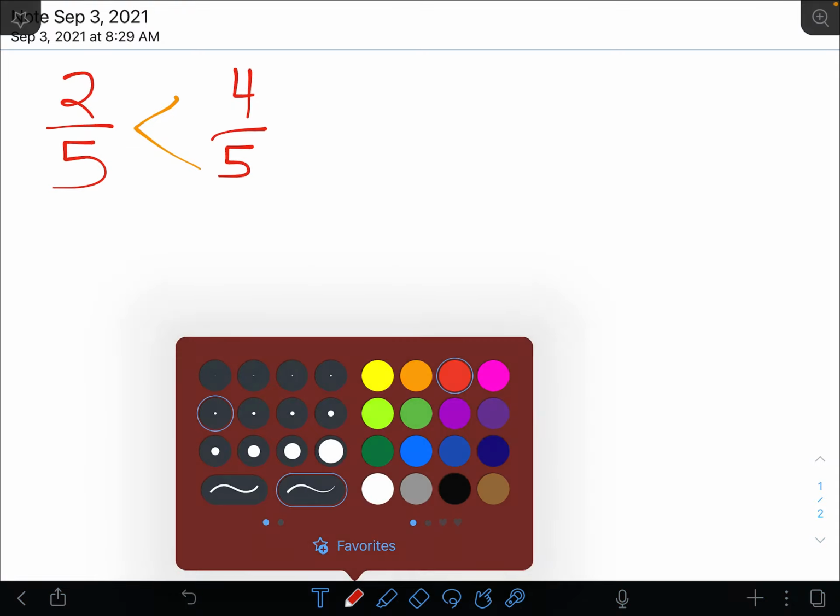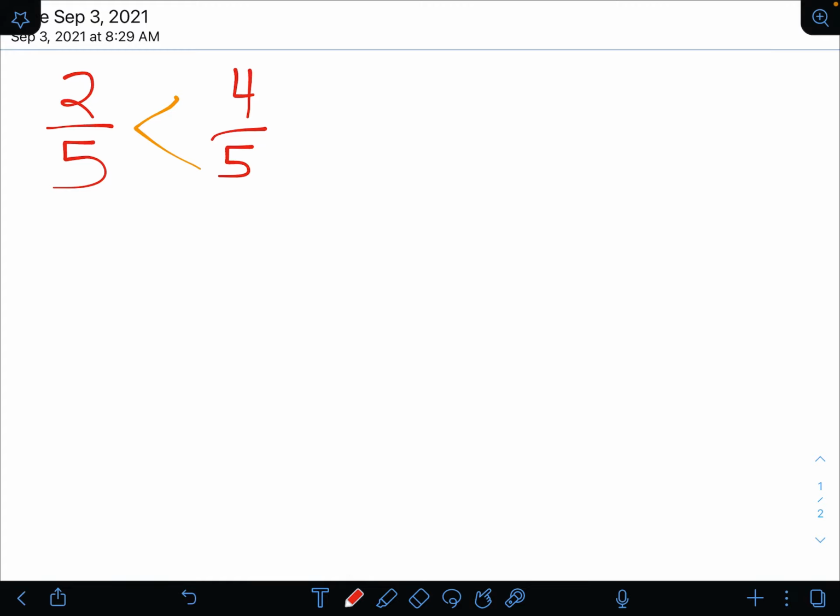Now, where it's going to get trickier is what if I give you 10/21 versus 3/7. Okay, now pause it and figure it out. Okay, welcome back. Now, I don't know if you remember, did you ever do cross multiplying last year?